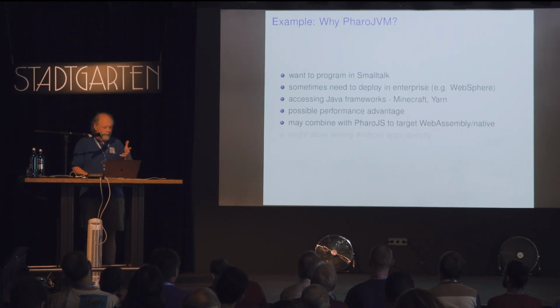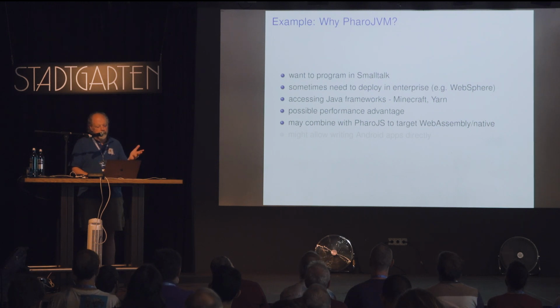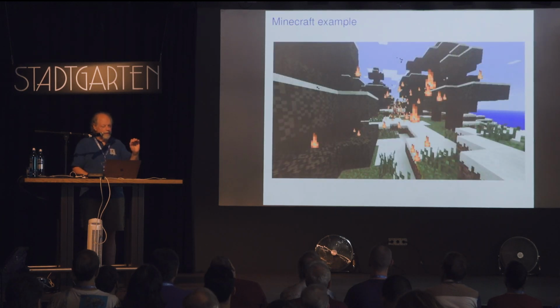In the future, part of the rationale for PharoJVM was once we have the types, we could combine it with some of PharoJS, and we could generate either WebAssembly or native code. And another reason is you might be able to generate Android apps directly from your Smalltalk code, because Android uses a JVM, not the JVM.